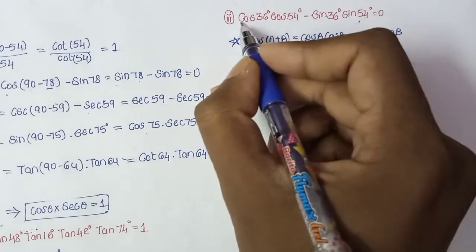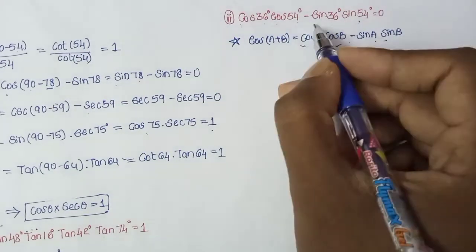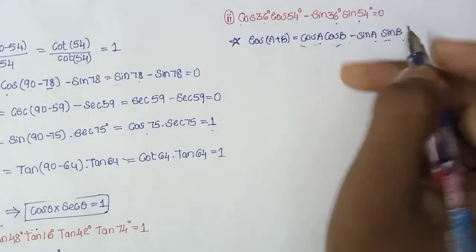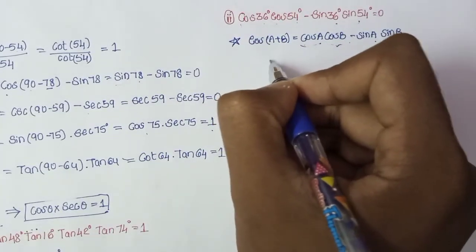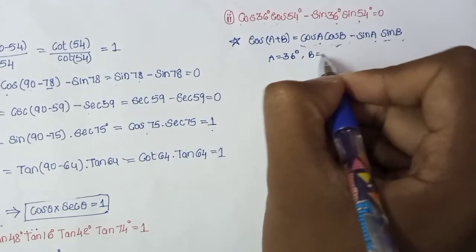Cos A is cos 36, cos B is cos 54. Sin A is sin 36, sin B is sin 54. That is the same relationship with A equal to 36 degrees and B equal to 54 degrees.